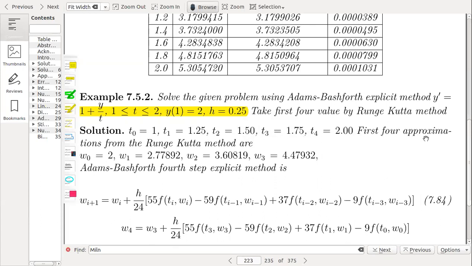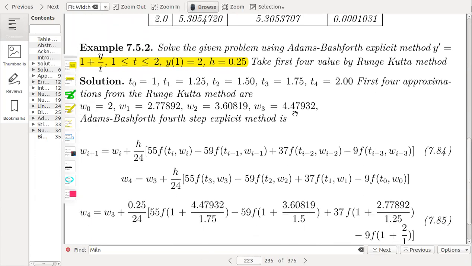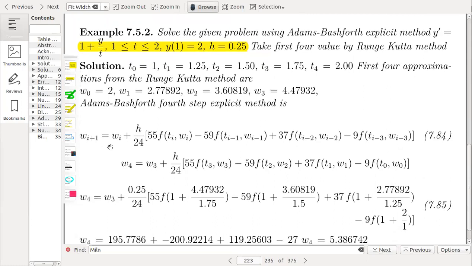So first, the approximations can be obtained from the Runge-Kutta method, which are w0 is equal to 2, w1 is equal to 2.77892, w2 is equal to 3.60819, w3 is equal to 4.47932. The Adams-Bashforth four-step explicit method is w(i+1).